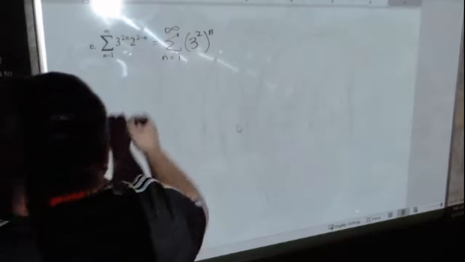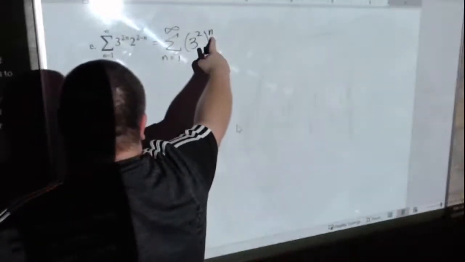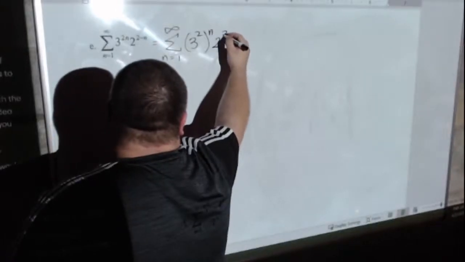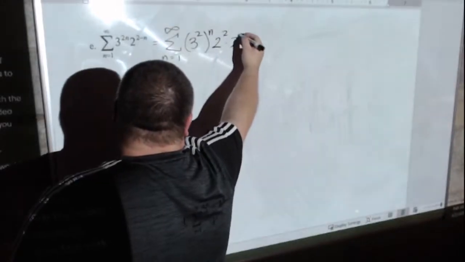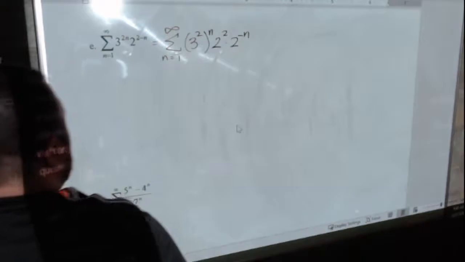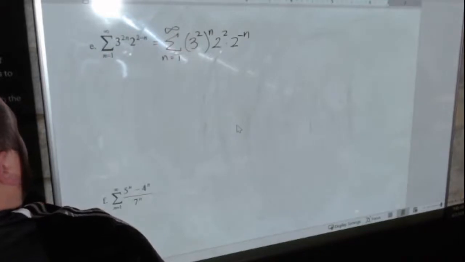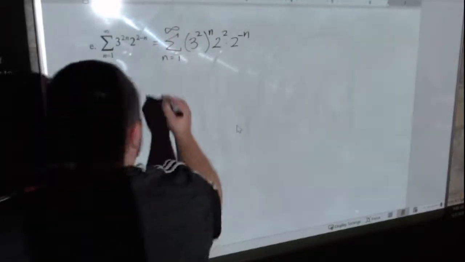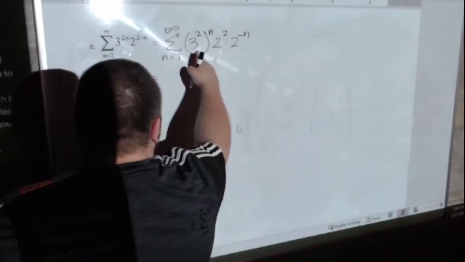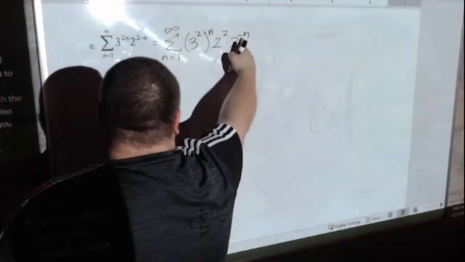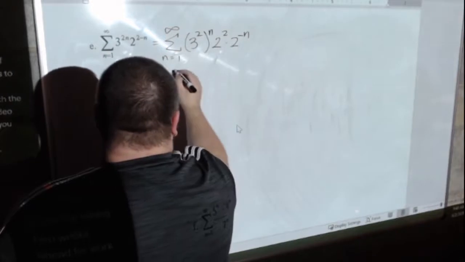And we do that because we want something to the n power. Then the 2, we can make 2 squared times 2 to the minus n. So this is 9 to the n, and that power there that's minus n, we could put that in the denominator.